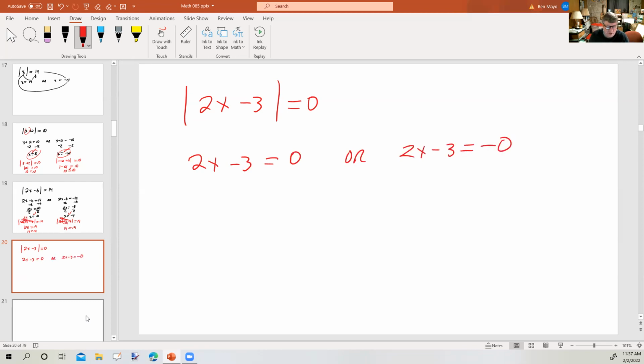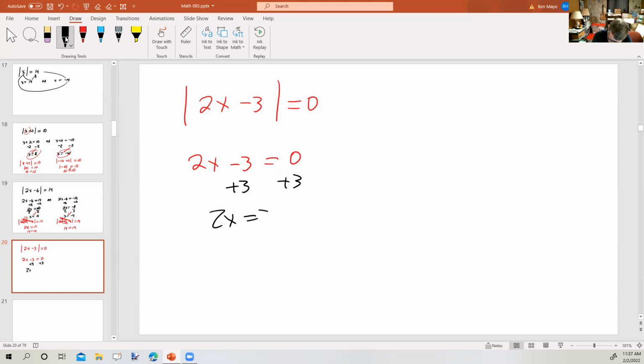But isn't the opposite of 0 still just 0? So in fact, when it's set equal to 0, we really only have one possible equation. What's inside equal to 0. Solving for x, we get 2x equals 3. Divide by 2, x equals 3/2.